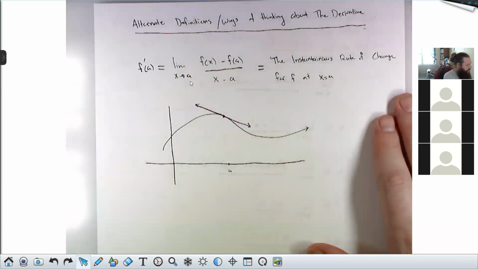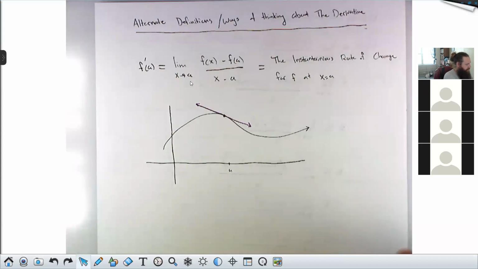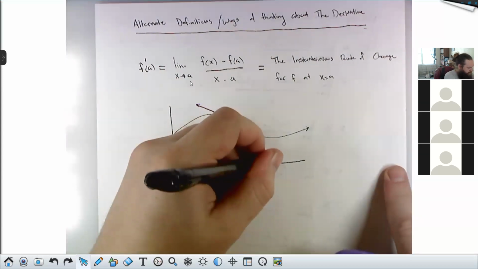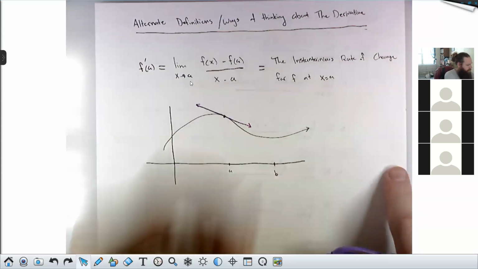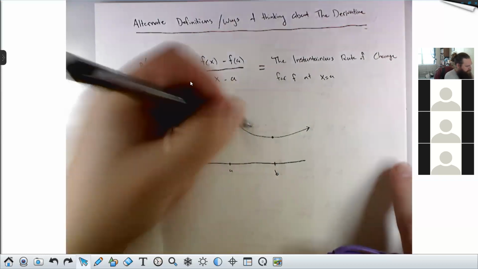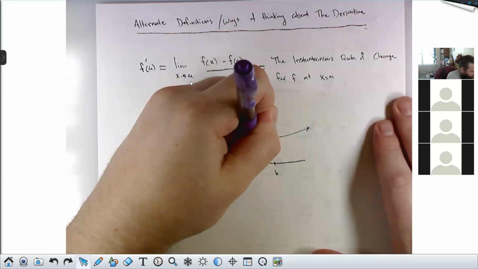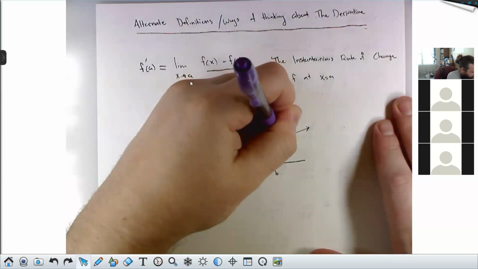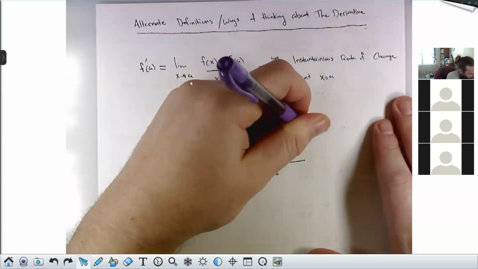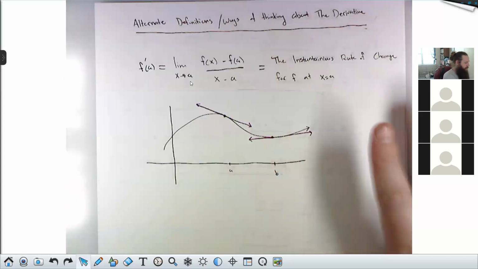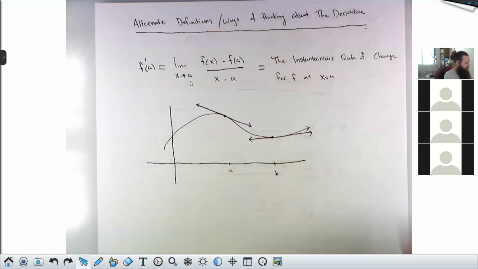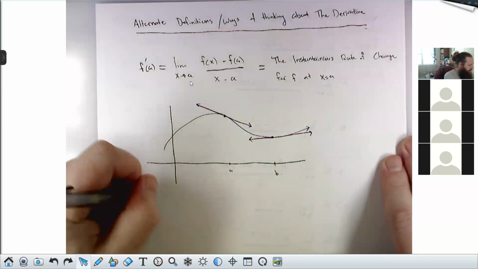So depending on where you're looking, that's not the tangent line.